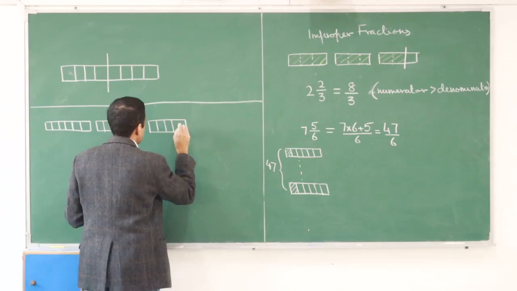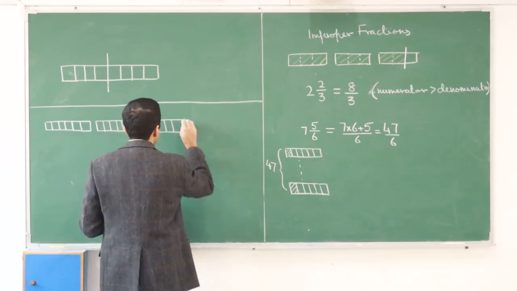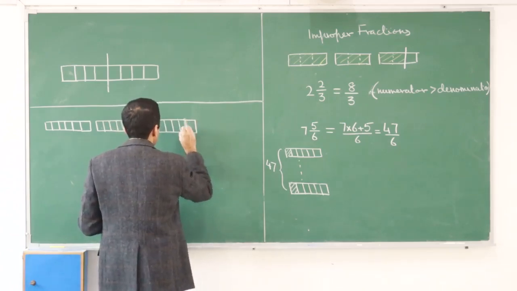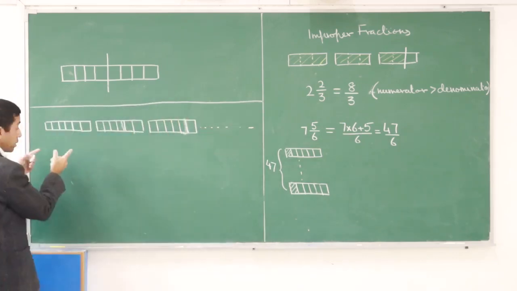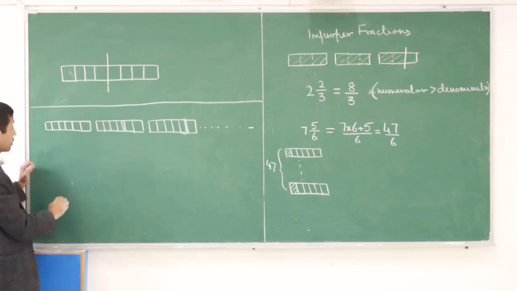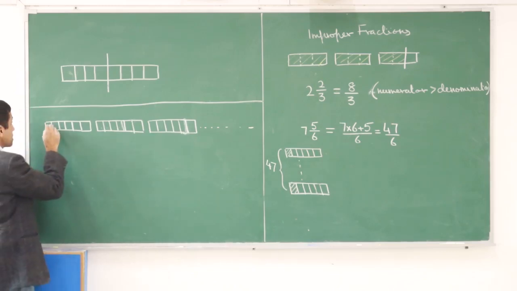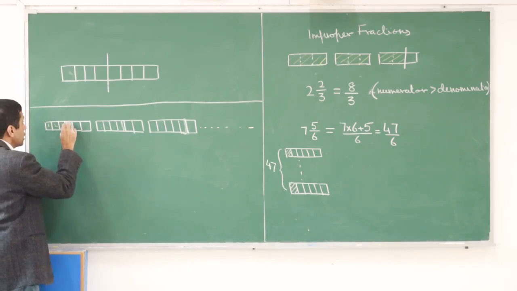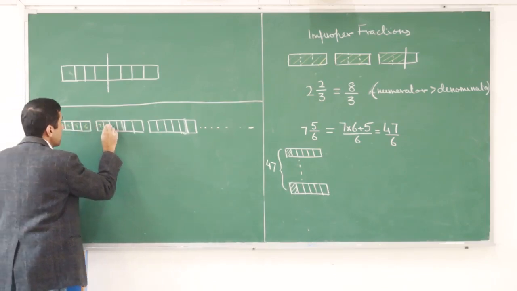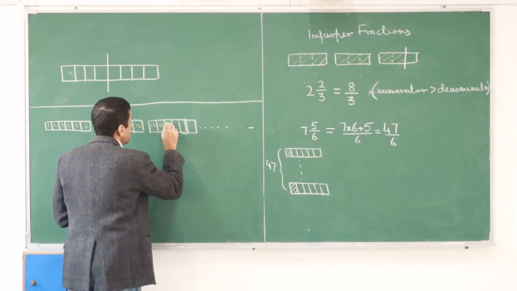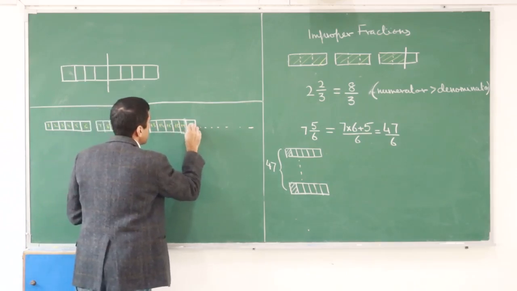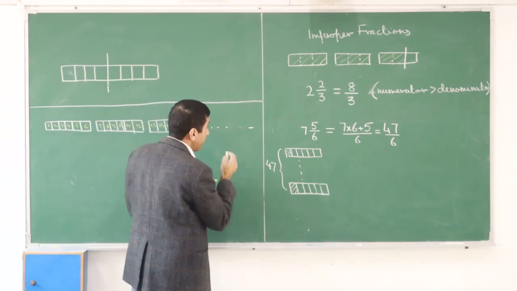1, 2, 3. I can never get it right. 4, 5, 6. And dot. And now what I'm going to do is take every apple and break it up into 6 equal pieces and start counting these pieces. So it's going to be 1, 2, 3, 4, 5, 6, 7, 8, 9, 10, 11, 12, 13, 14, 15, 16, 17, 18, dot, dot, dot.